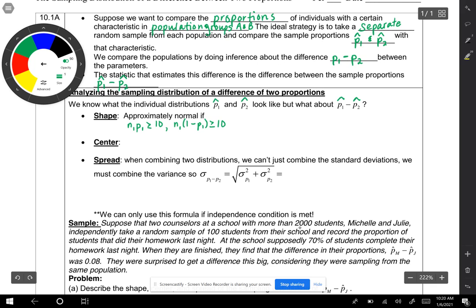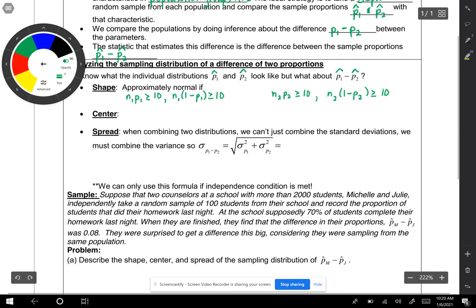And for the second population, n2 times p2 has to be greater than or equal to 10, and n2 times 1 minus p2 is greater than or equal to 10. Crazy.